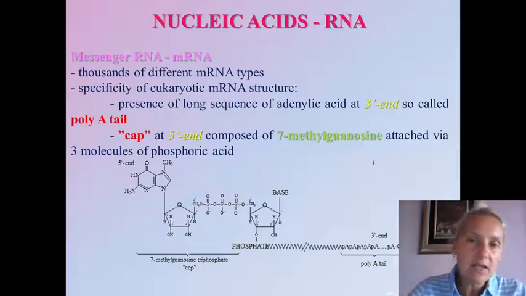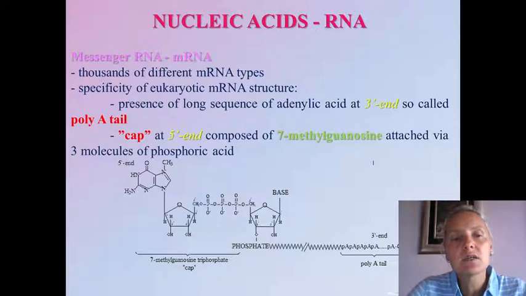And finally the last one, last but not least, that is the messenger RNA. There are really thousands of different mRNAs, depending on the structure of the protein they're coding, and there are some specificities of eukaryotic messenger RNA molecules.